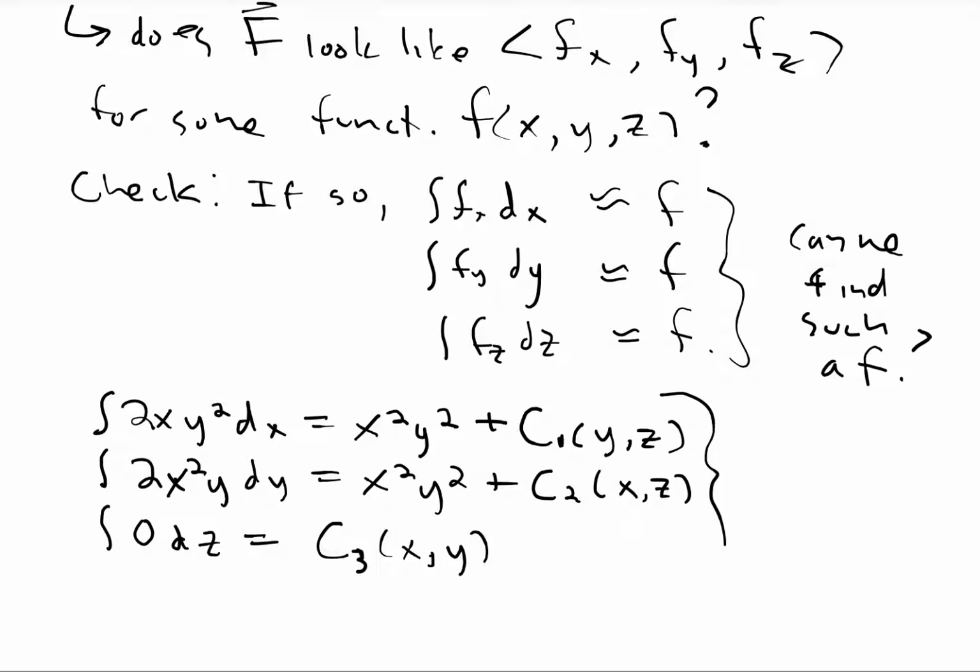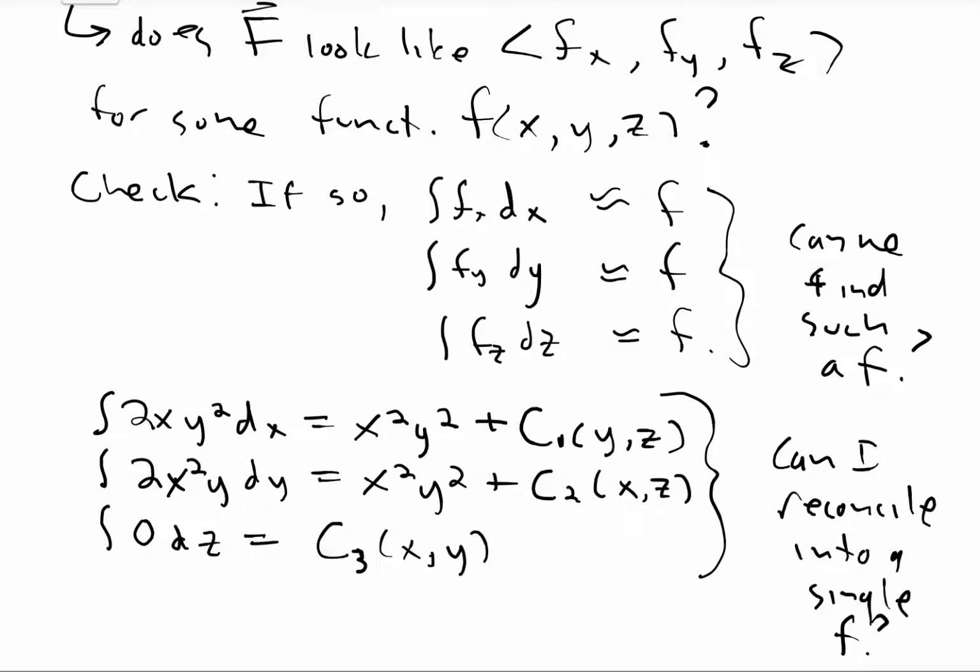The question that I'm going to ask myself is, can I reconcile this into a single function f? Well, comment that I'm going to go ahead and make. This guy right here looks like those might all be the same thing, right?